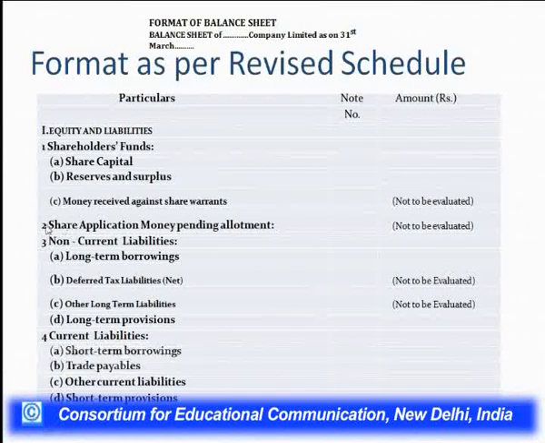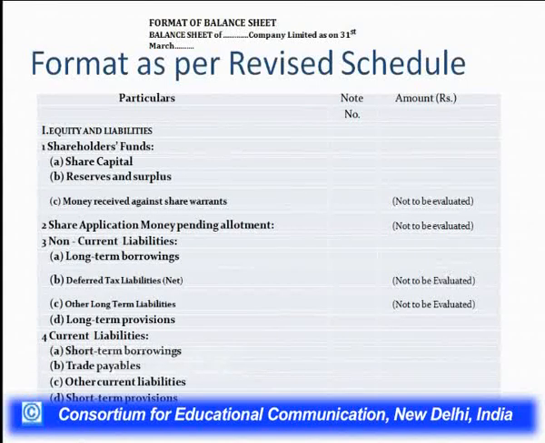Number 2, we have share application money pending allotment. Those application monies which have been received, but we have yet to allot shares to the applicants, need to be shown separately. Money has been received, right?